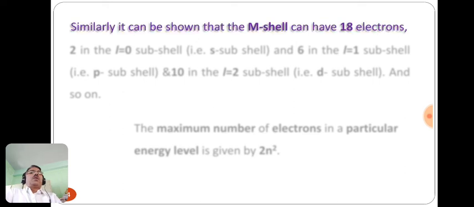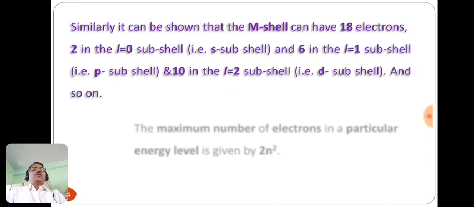Now similarly, it can be shown that the M shell, that is the next shell, has 18 electrons. So 2 electrons in the s subshell, where L equals 0, 6 electrons in the p subshell, where L equals 1, and 10 electrons in the d subshell, where L equals 2.